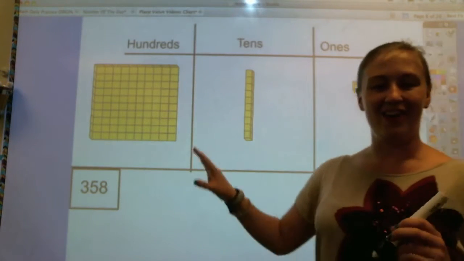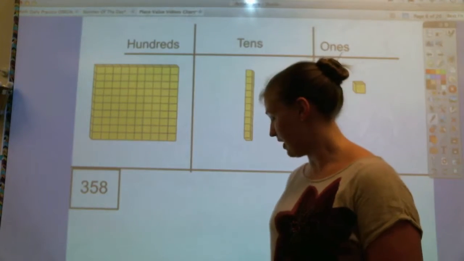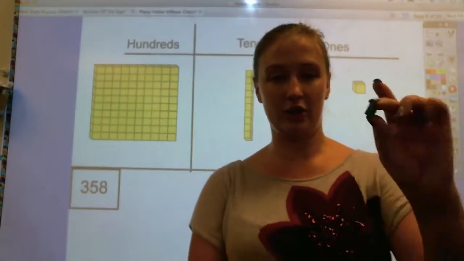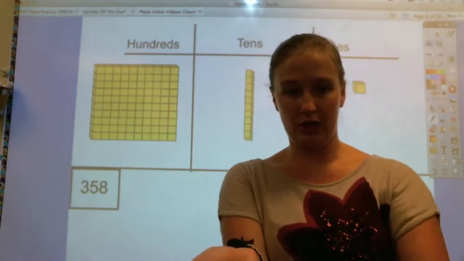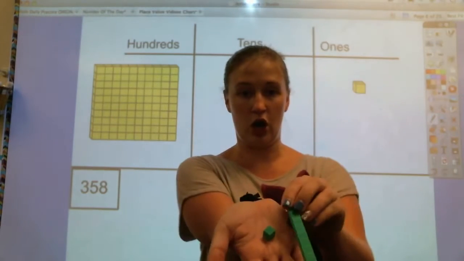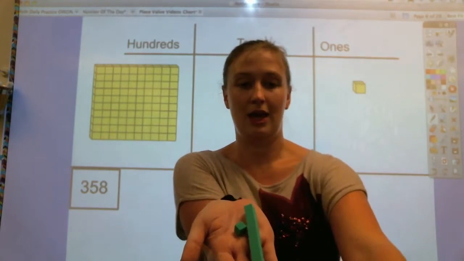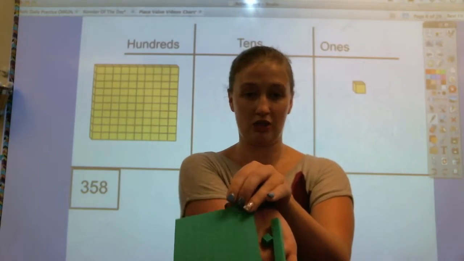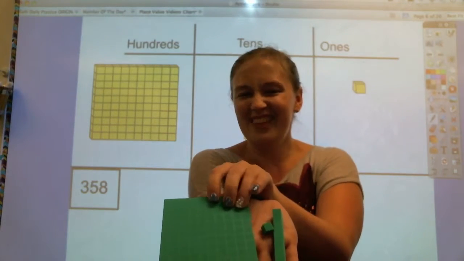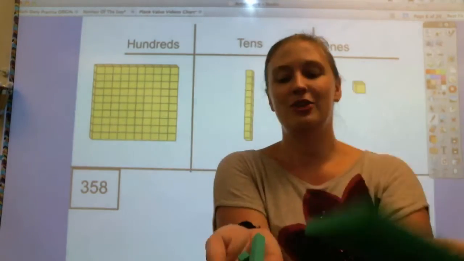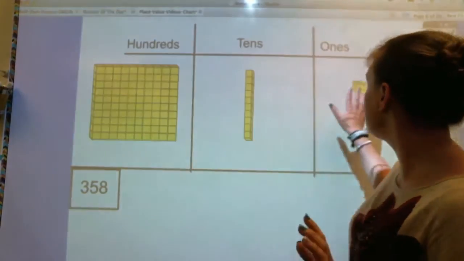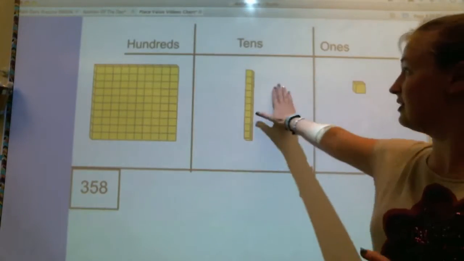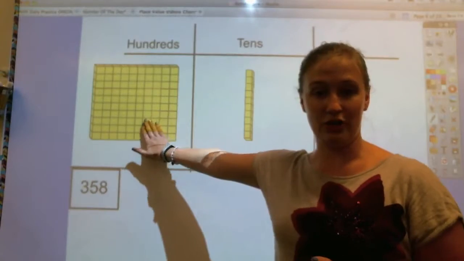Here are our place value blocks. Now, in class, we have actual units, longs, and hundreds blocks. But I don't have these all available to me at home. So up here I see I have a unit, a long, and a hundreds block.